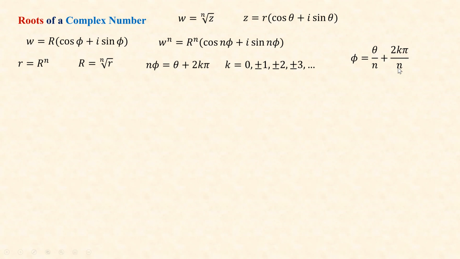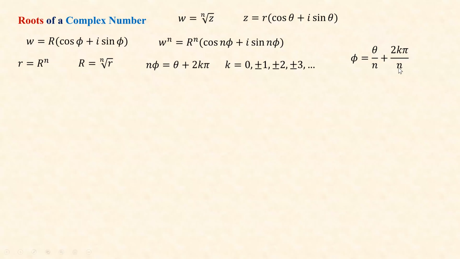If k is equal to n, you get 2 pi added to theta over n, which is the same as theta over n. And if k is n plus 1, it is the same as k being 1, and so forth.